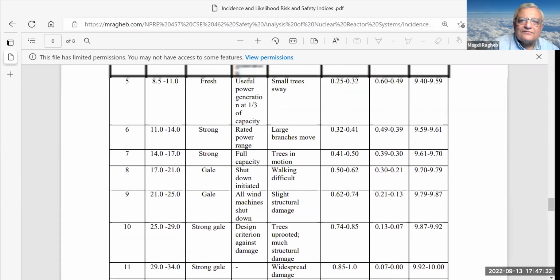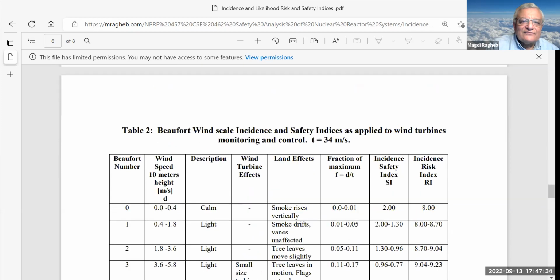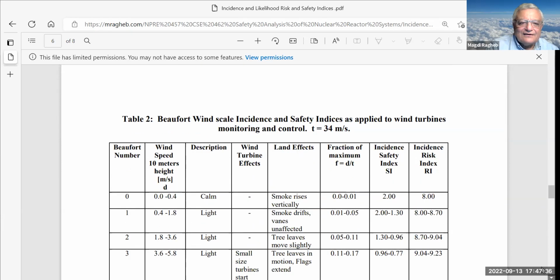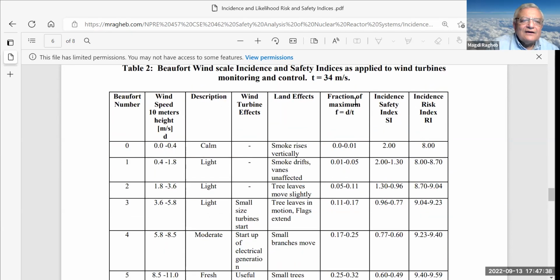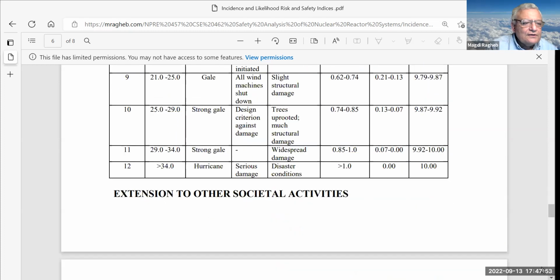So in that case, it's useful to have a scale from 0 to 10. And if we apply, in that case, the fraction of the maximum, the value is 0.0 to 0.4, you divide that by the maximum level of damage that you get at the bottom of the table here. So in that case, it's at 34.